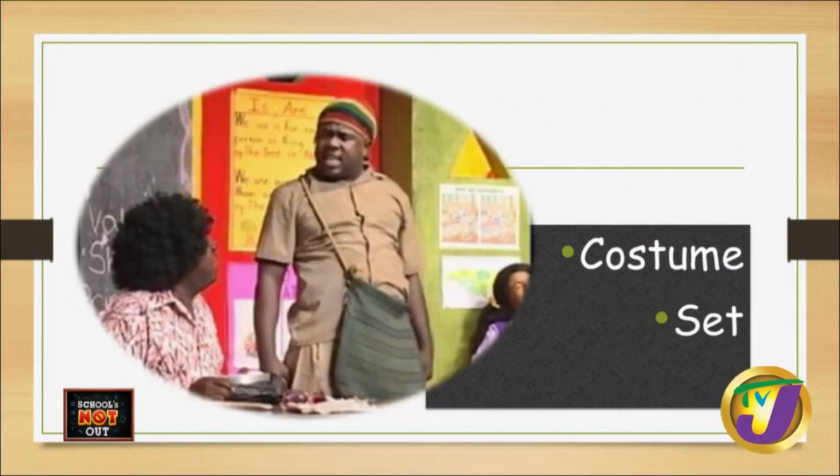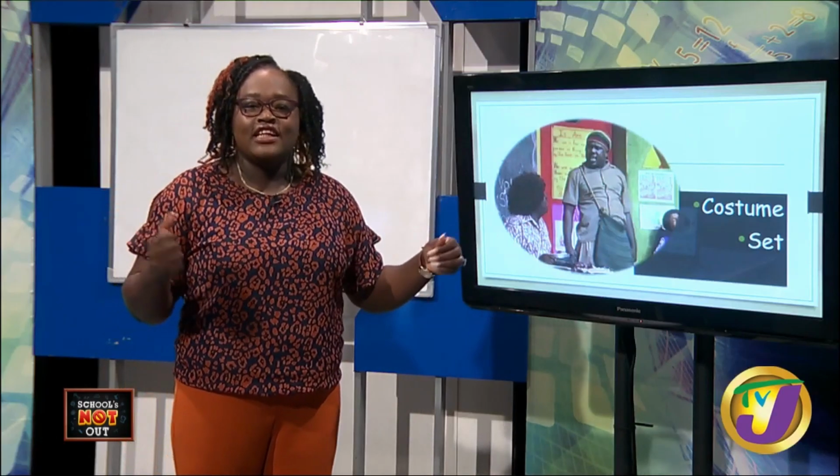Yes, and I was saying earlier that costume and set are also important. Because let us look, for example, at costume. If you're playing a 3-year-old, you wouldn't want to wear your tie and your flip-flop slippers and some granny frock. No, you'll probably be in some fancy dress, some flowery dress.